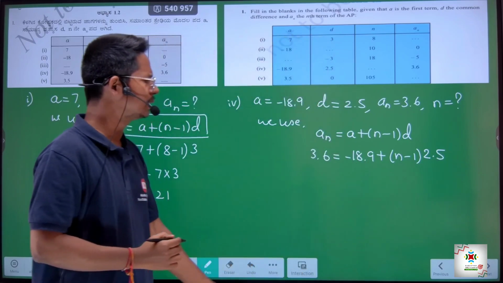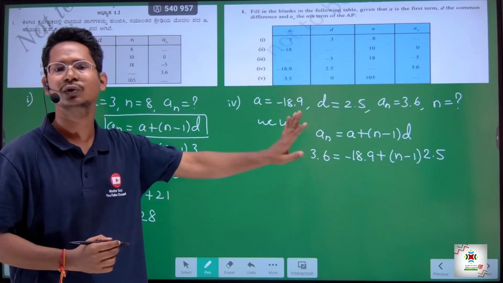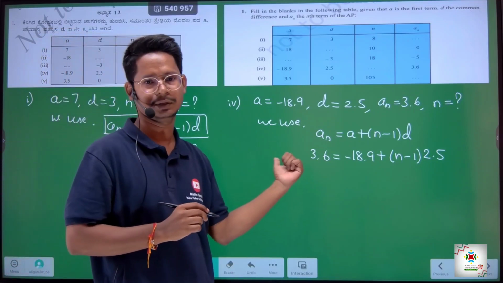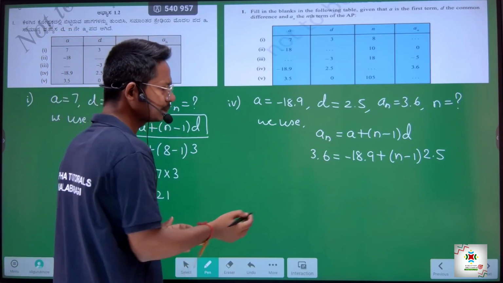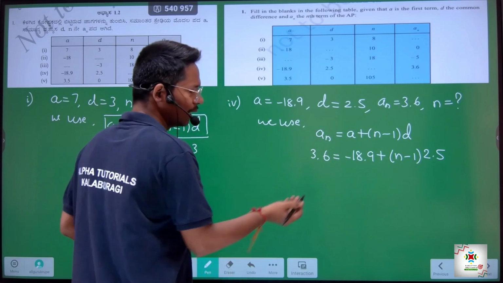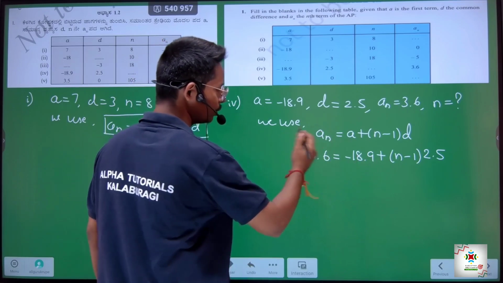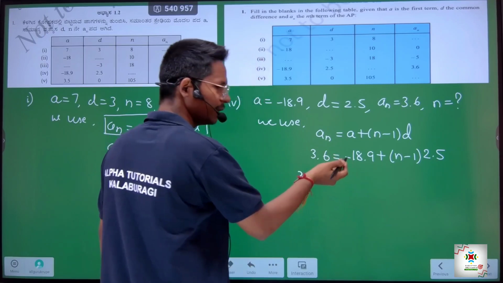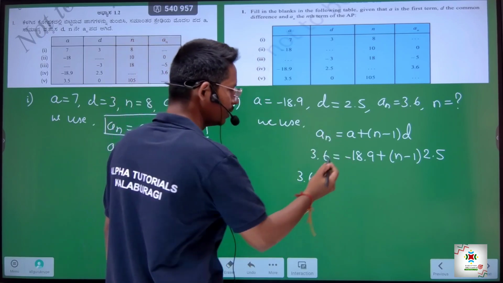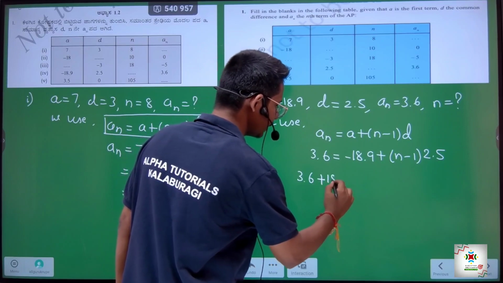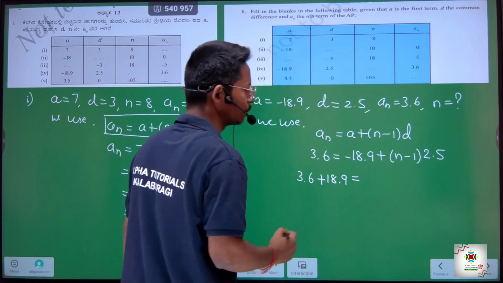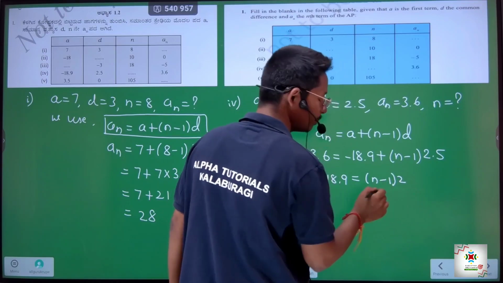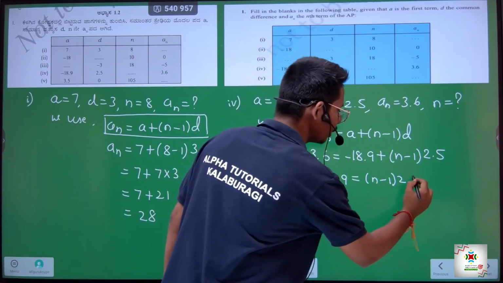Now it just becomes an equation and you need to solve it. A student should know how to solve an equation, isn't it? What's the best way to solve this? I'll shift minus 18.9 to the left hand side. So 3.6 as it is, and when I shift minus to the other side of the equal sign, minus becomes plus 18.9, which is equal to n minus 1 into 2.5.